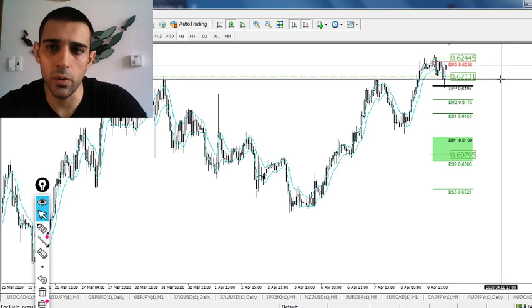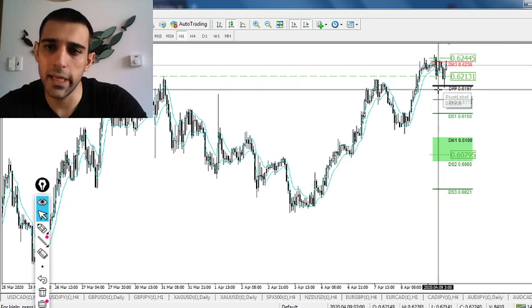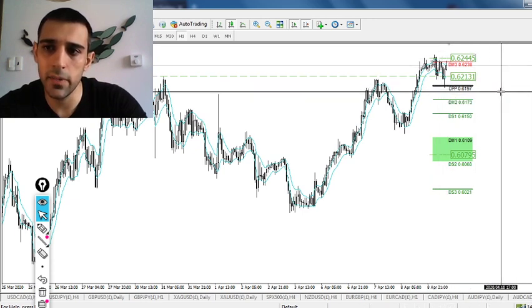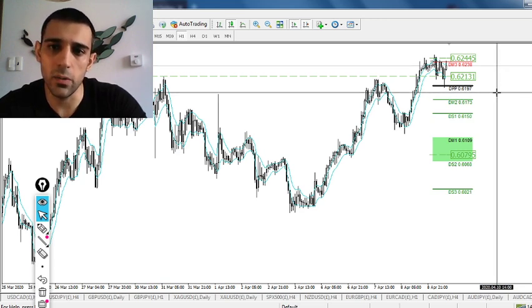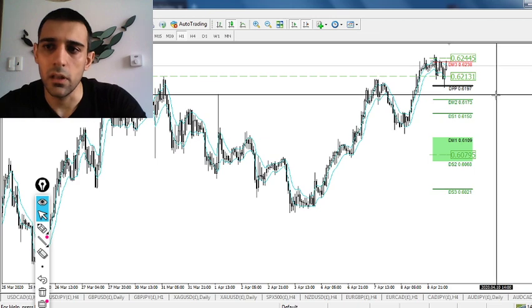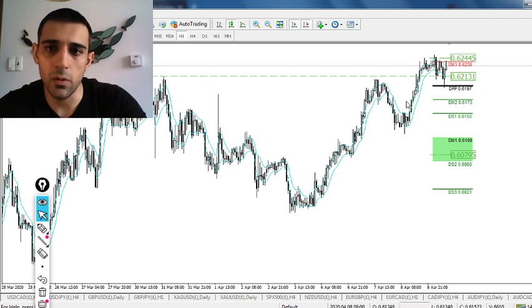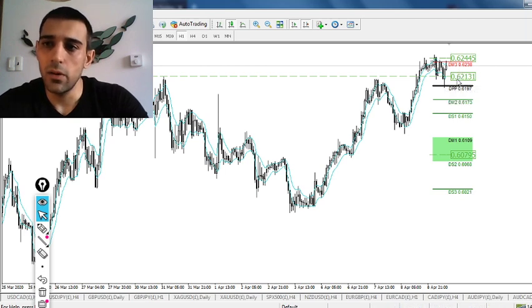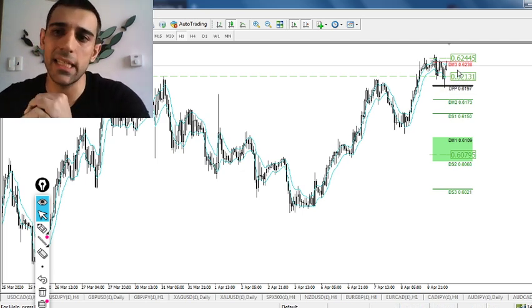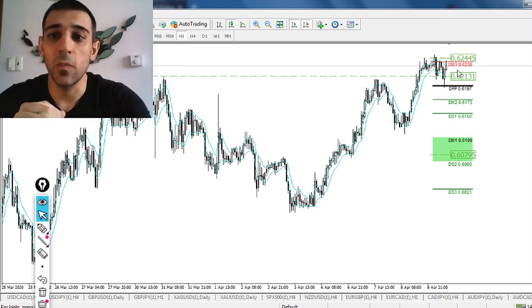But I'm hoping it will come down, take out this low, and come down to around the 61.80 zone, which is also this 1 hourly low down here. Let's see what the price will do, because this is now a bit too far away. It might take some time, probably after the news is out, because it's around 50 pips away now.